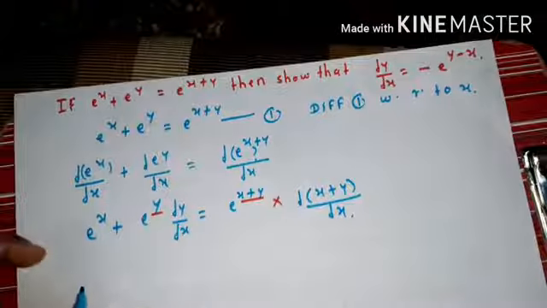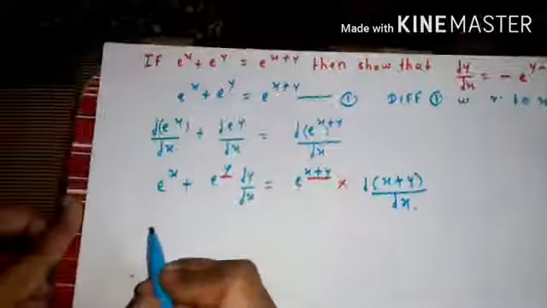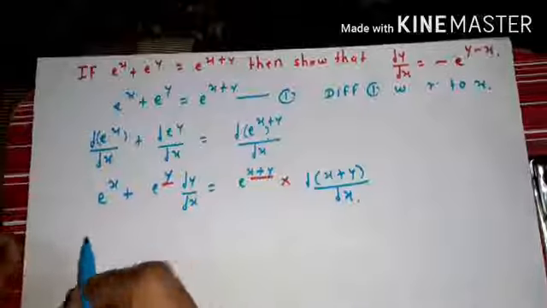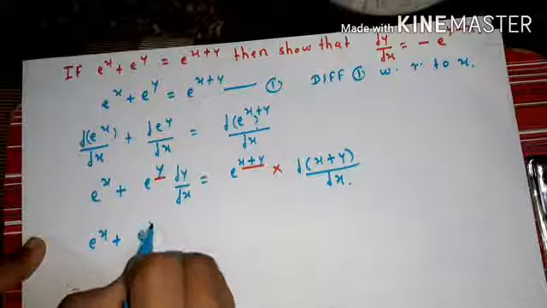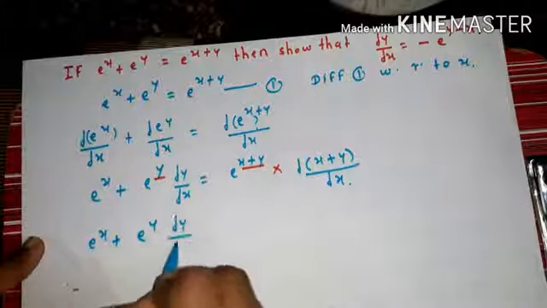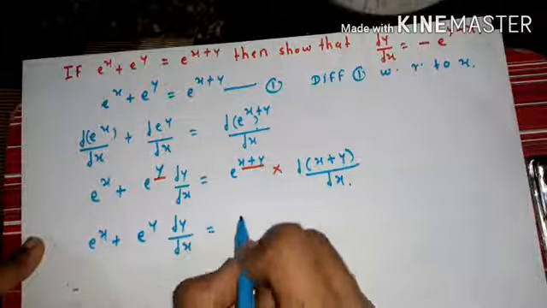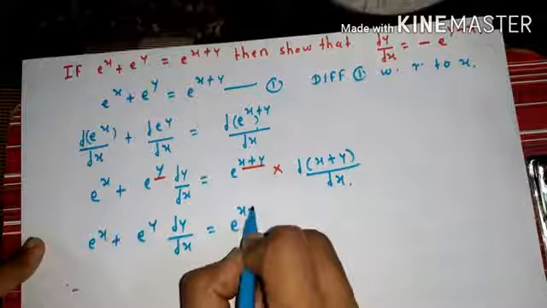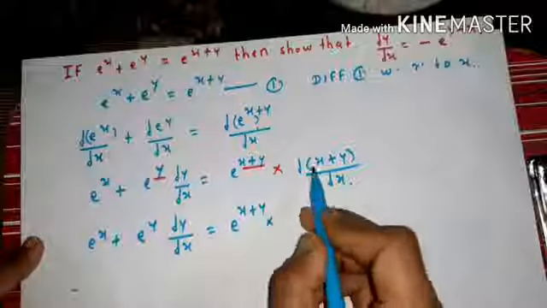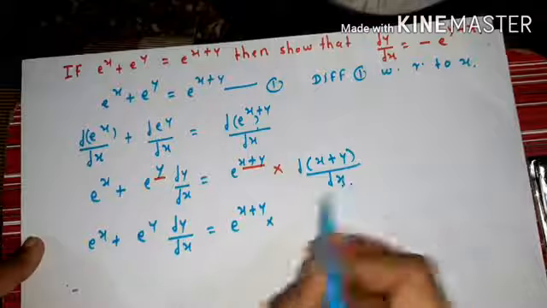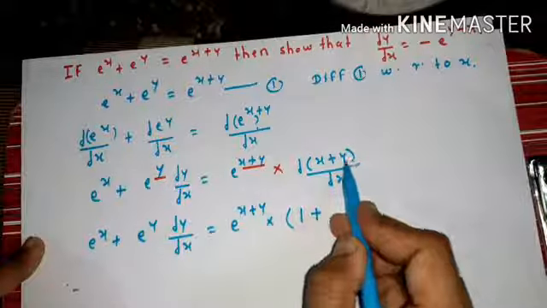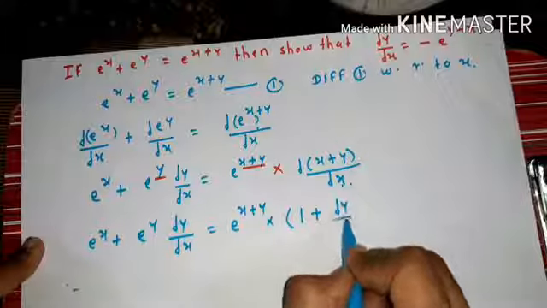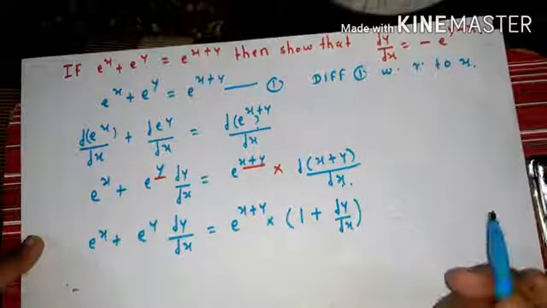And this is e raised to x, plus e raised to y dy by dx equal to e raised to x plus y into differentiation of x with respect to x is 1 plus differentiation of y with respect to x is dy by dx.